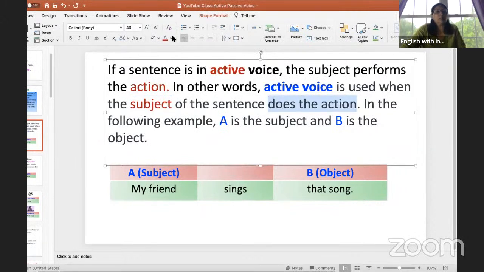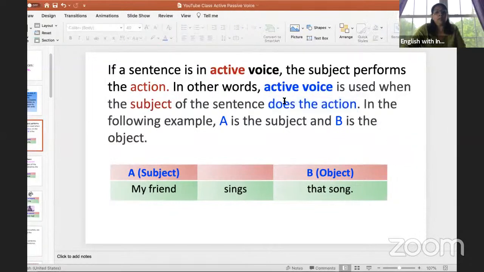So the action is happening, and who is doing the action? The subject. If you look at the following example, A is the subject and then B is the object. So my friend sings that song, right?